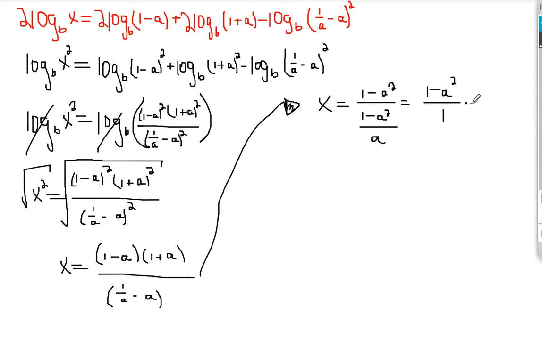I'll just write it, times the reciprocal of this, so it's a over 1 minus a squared. And lo and behold, these two factors cancel, and you are left with x equals a. And that is your simplified answer. Turn this whole mess of logarithms into this simple variable.